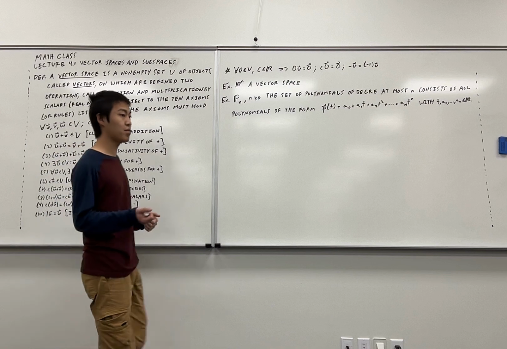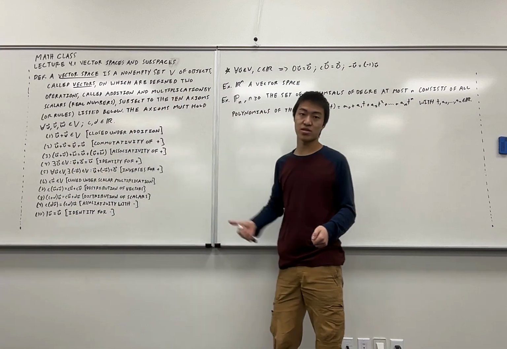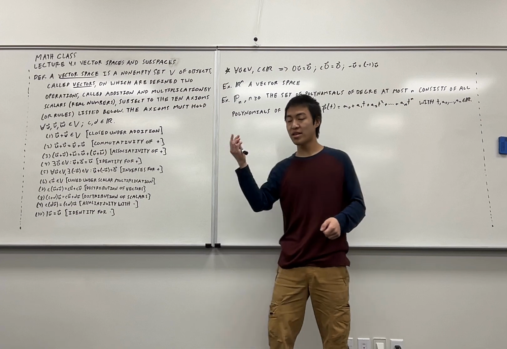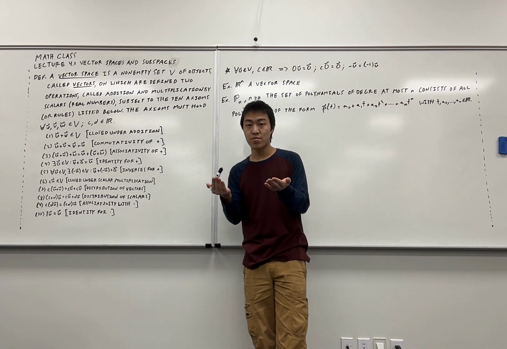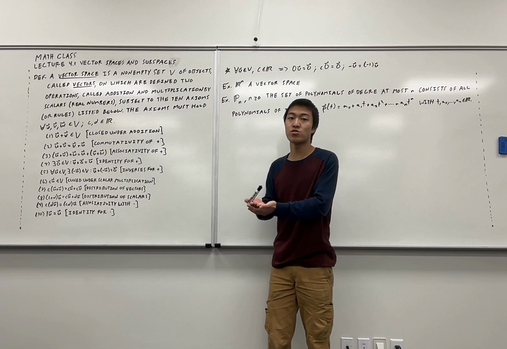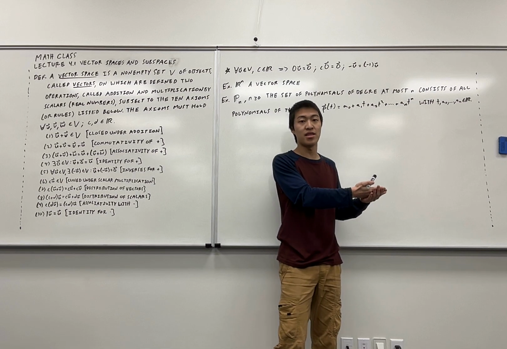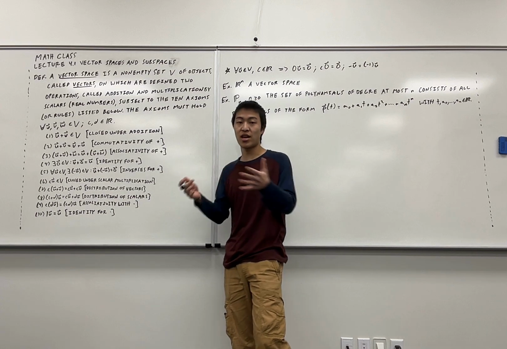This time I'm saying that a vector space is going to interact with the real numbers, some scalars. So if I take a vector from my vector space and then I scale it with a scalar, then the resulting vector should also be a vector that is in the vector space. That shouldn't change its categorization.